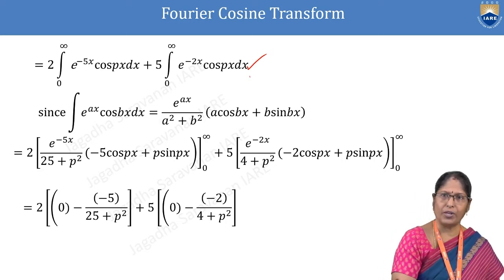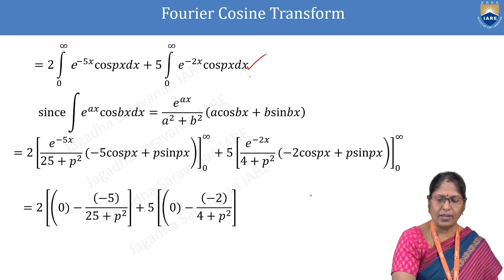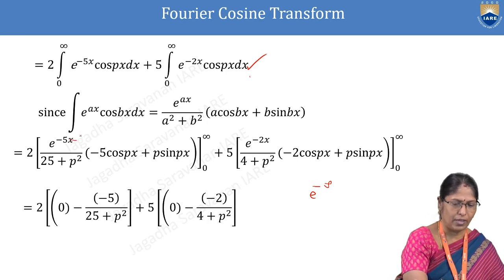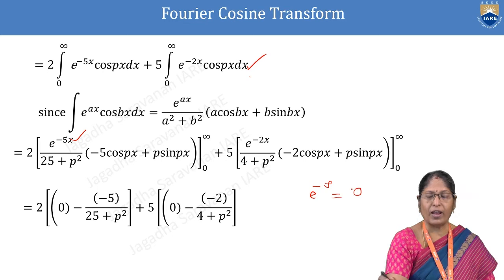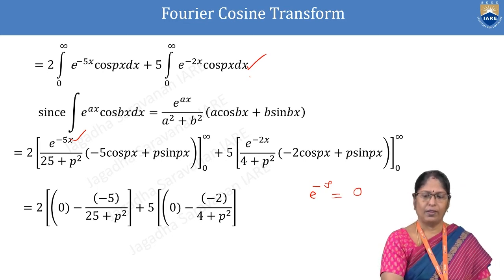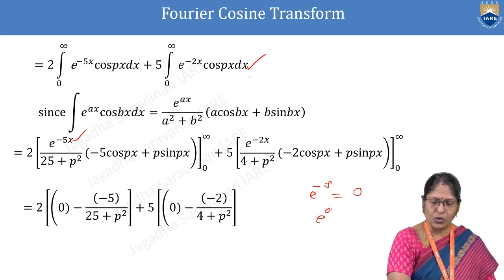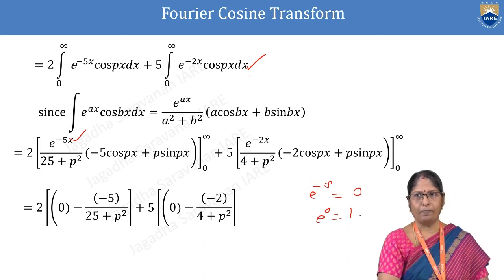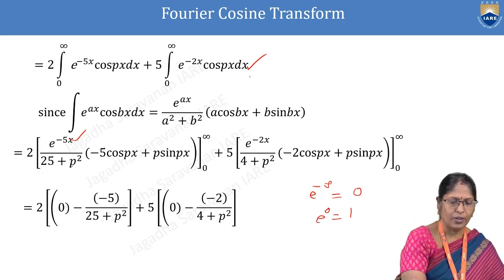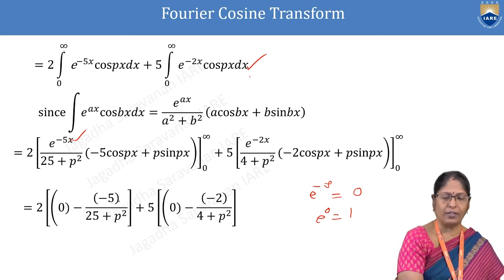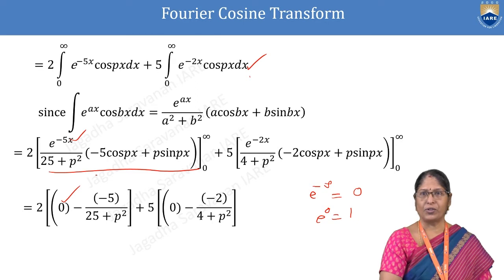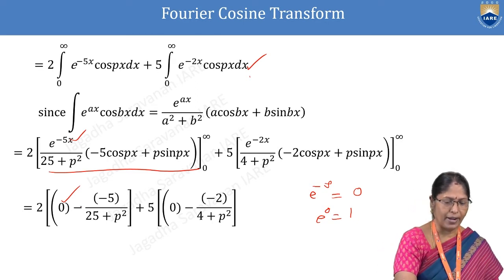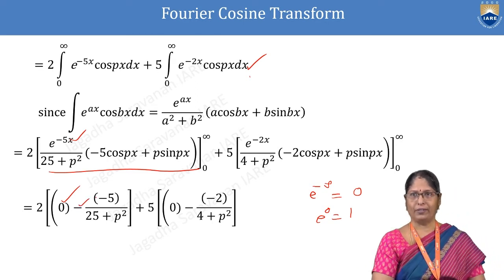The first one is e power minus infinity, and e power minus infinity is 0. E power 0 is 1. So the upper one vanished, it is 0.